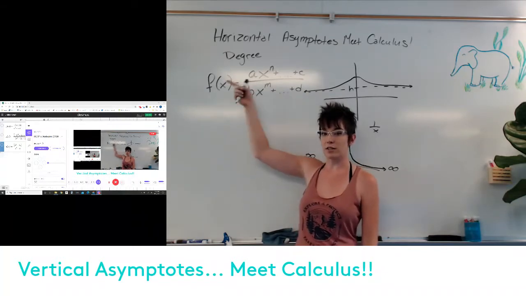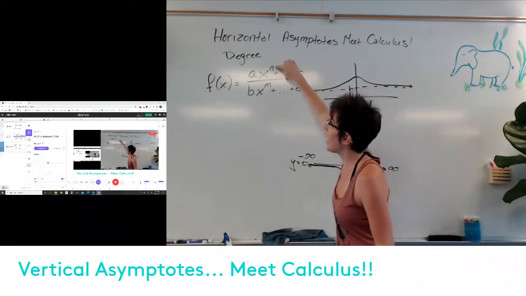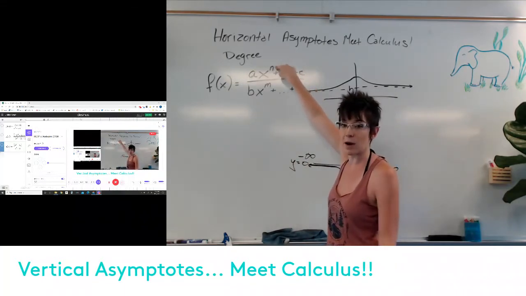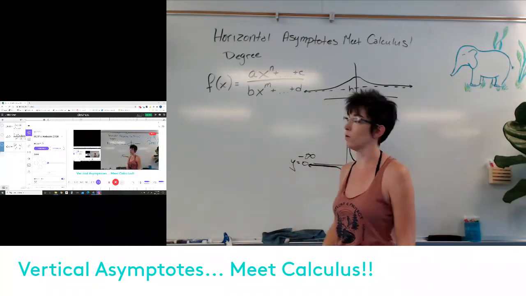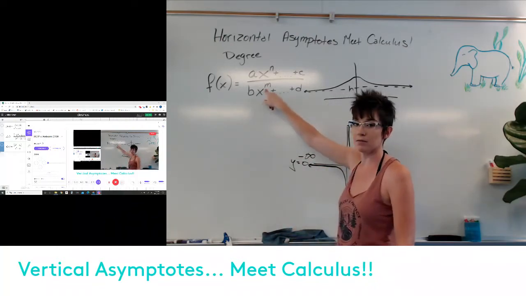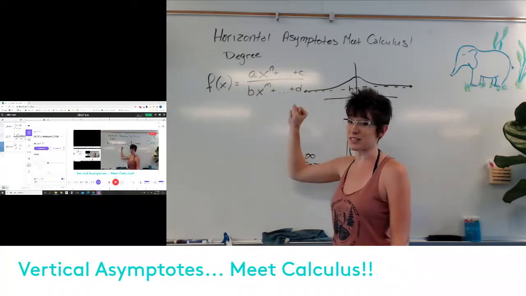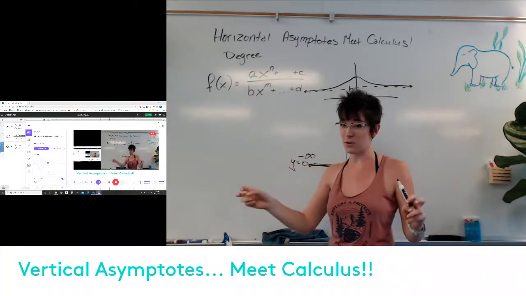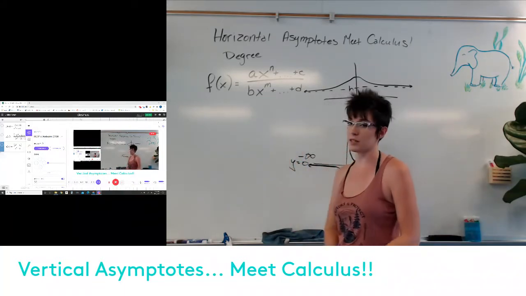So the numerator by itself is a polynomial of degree n. I'm assuming that's the highest power. The bottom, by itself, is a polynomial with the highest degree m. Overall, when you divide them, dividing polynomials does not create a polynomial, so this is actually a rational function. Now here's some things to know.